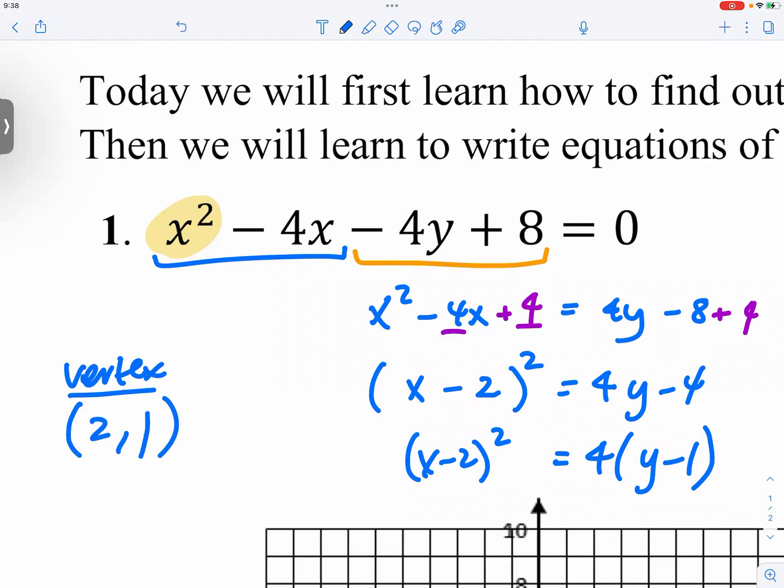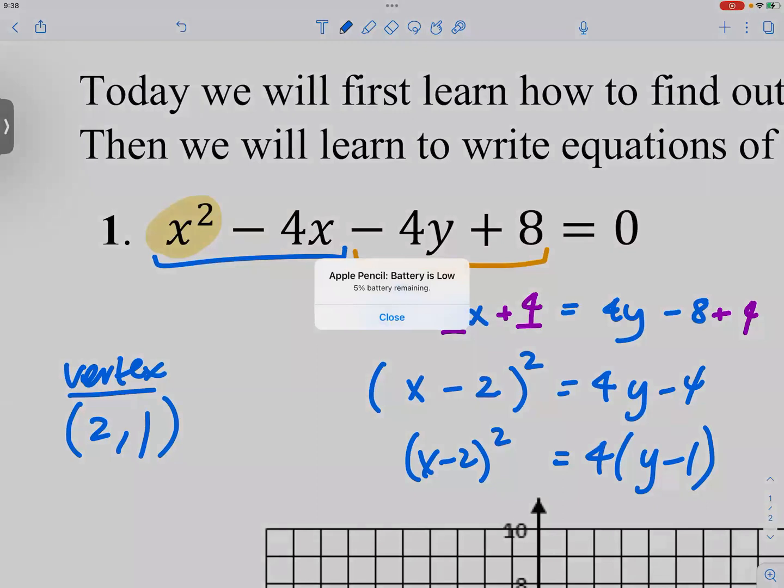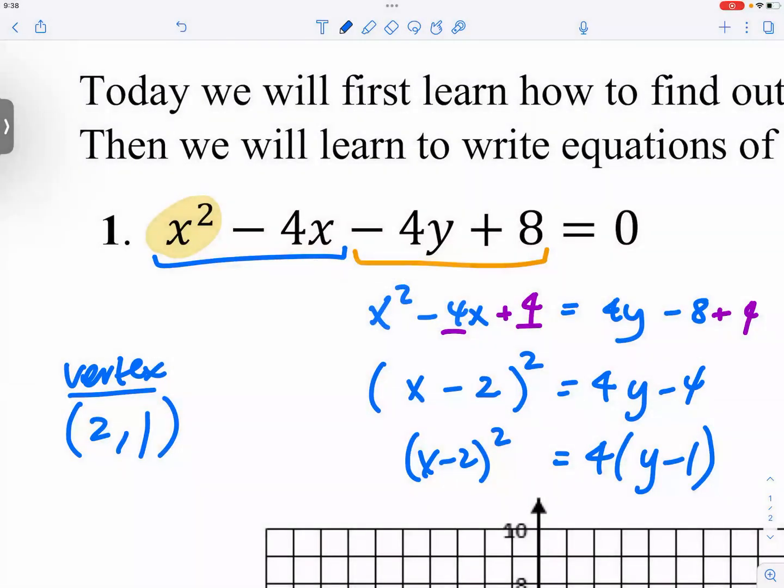So I want you to see the contrast. The contrast is that at the very beginning, that equation is barely helpful. All we could tell is some sort of vertical parabola, and that's all. And then we're like, can we get more information? And we're like, sure, if you want to get more info, do something about it.